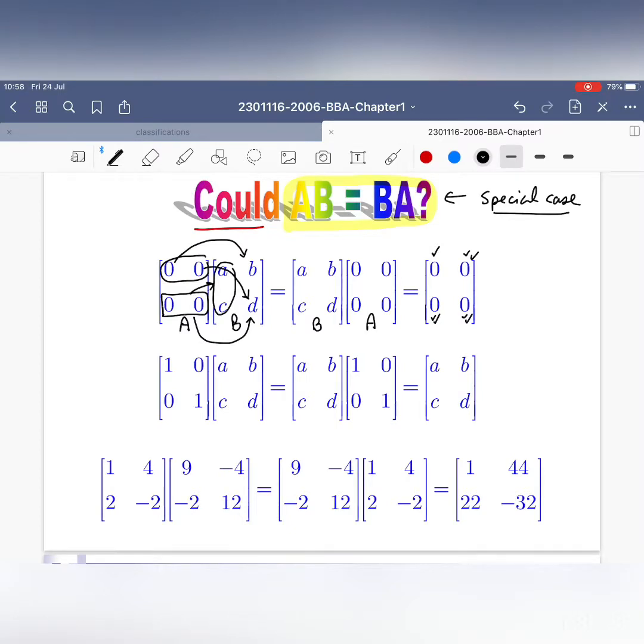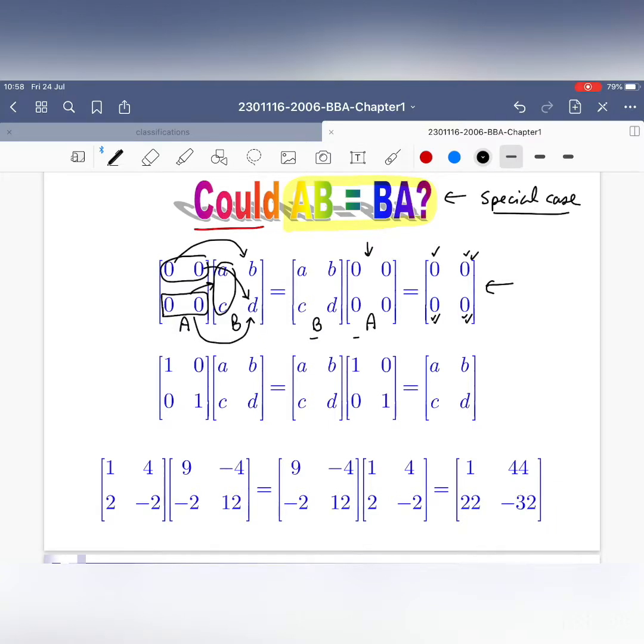So this is one of them where A and B or B and A multiply, they are the same because one of them is the all-0 matrix, and the result will be the 0 matrix itself, if A times B and B times A are meaningful, okay?